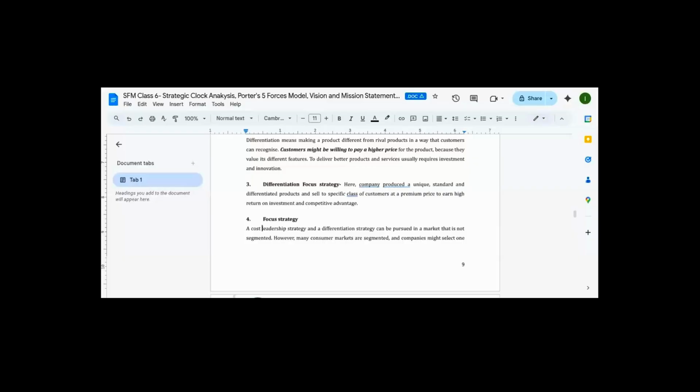So companies that are using focus strategy, majority of them, it's not that they don't have technicality or an area of specialization, but they are just emerging companies, and they discover that presently they don't have the financial strength or the competitive strength to compete with other larger companies in the industry.